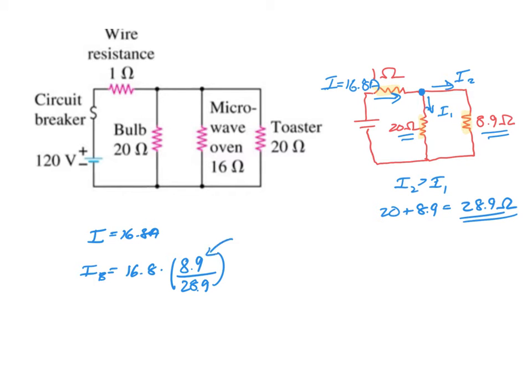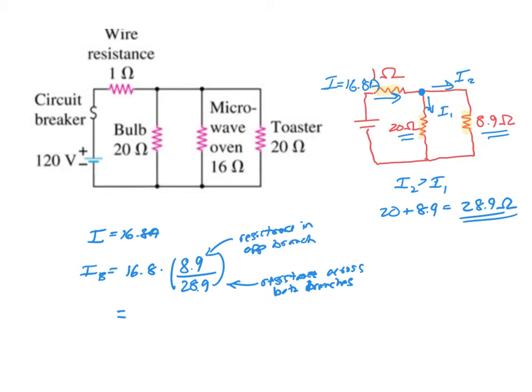So this is the resistance in the opposite branch, and that's the resistance across both branches. So you notice that I have a ratio, and this is 8.9 over 28.9.